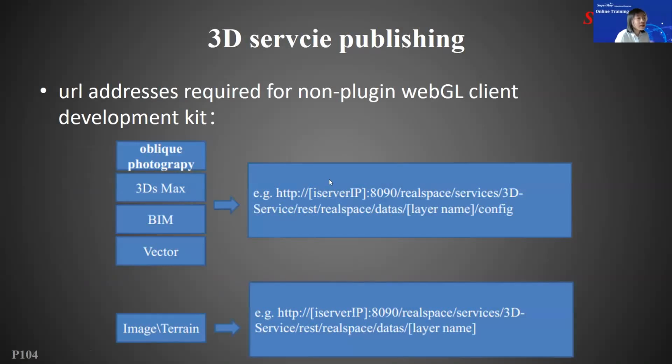And if we want to add the service layer, here is what the link should look like. All the services should be stored in config for 3D service, and for image and terrain data, we will store them in the layer name.